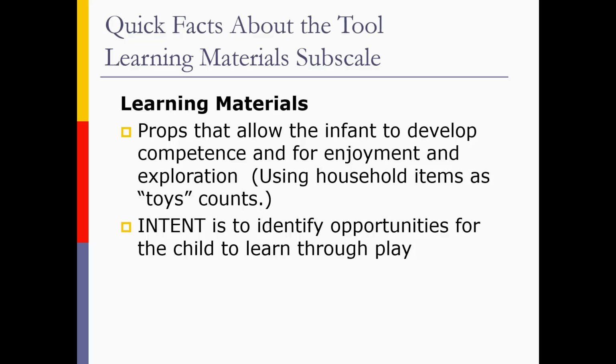The intent is to identify opportunities for the child to learn through play. Some of the specific items under learning materials include muscle activity toys or equipment. Examples might include a crib gym, ball, a rocking horse, a jump seat, a door swing. In addition, push or pull toys like lawnmowers or vacuums or carpet sweepers may be helpful.